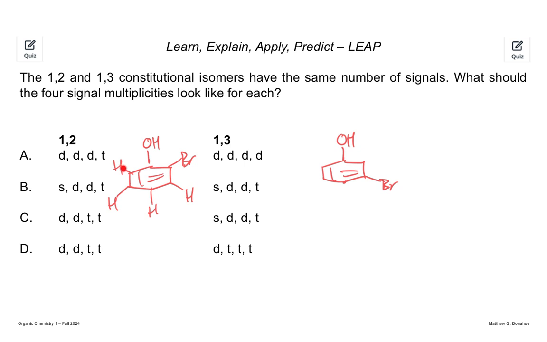So we'll just write a little letter next to each H. So this hydrogen, it's a unique set. We consider the neighbors. What should it end up being? It has 1 neighbor, so it's going to be a doublet.